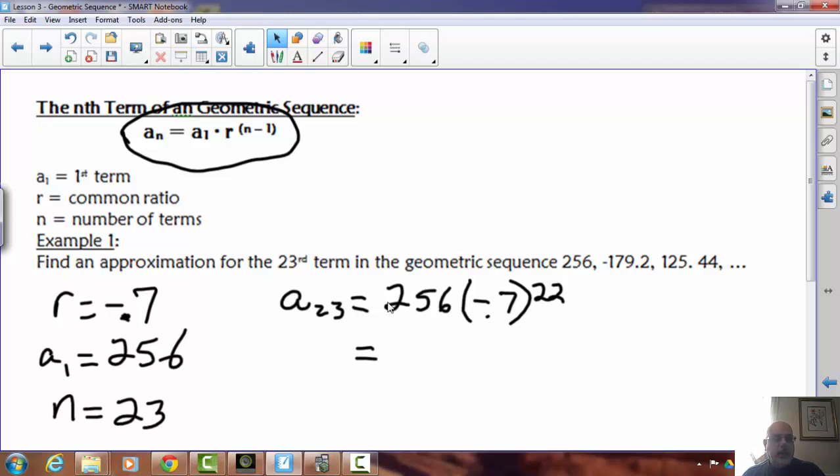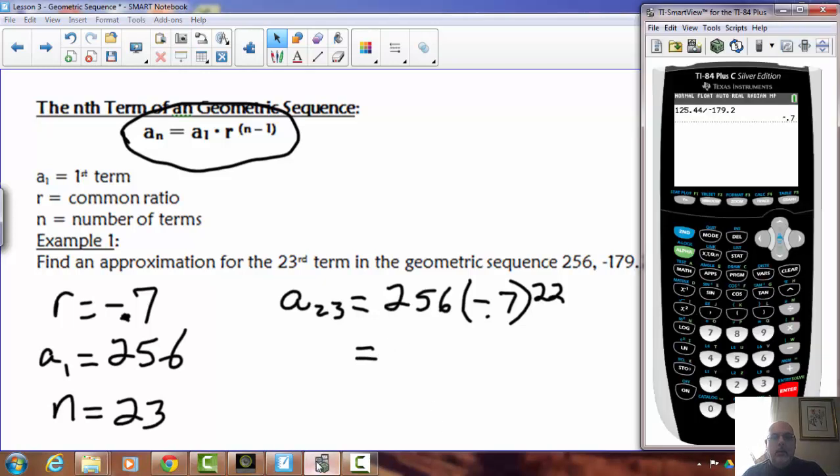So if we go to the calculator, negative 0.7 raised to the 22nd power gives you that exponential with a negative exponent. We're going to take that and multiply by 256, and we come out with our 23rd term.